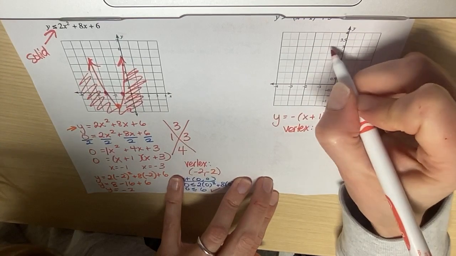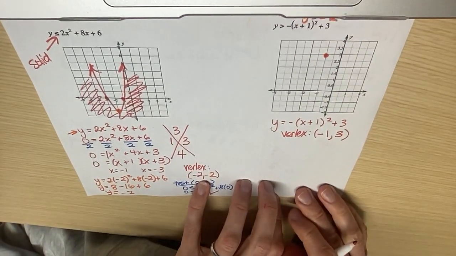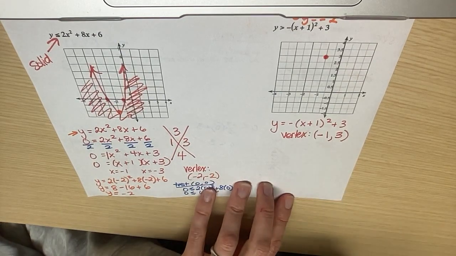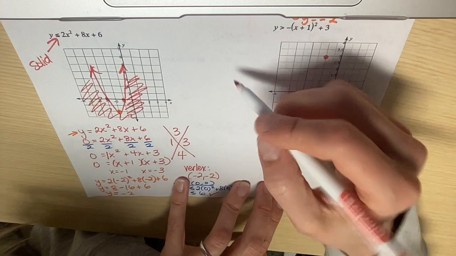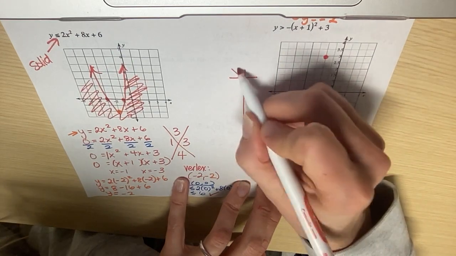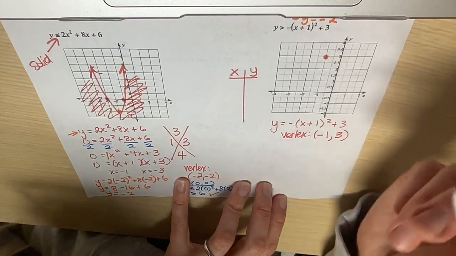So negative 1 and 3. There's my vertex right there. Okay. Now, with vertex form, what I usually do is I'll make like a little t-chart to get two other points, one on each side.